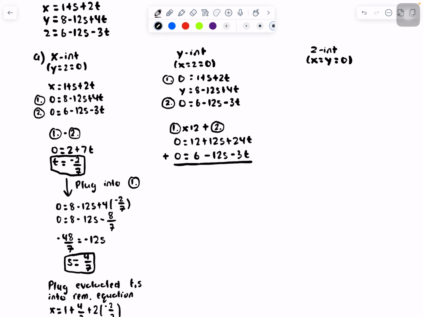So when you add these all together, we get 0 equals 12 plus 6, that's 18. The s's will cancel, and we're left with 24 plus negative 3, which is 21t. So then t equals, don't be scared of fractions, minus 18 over 21.